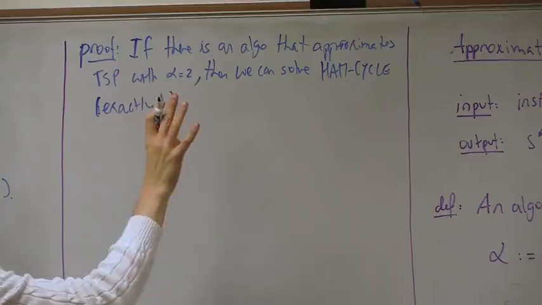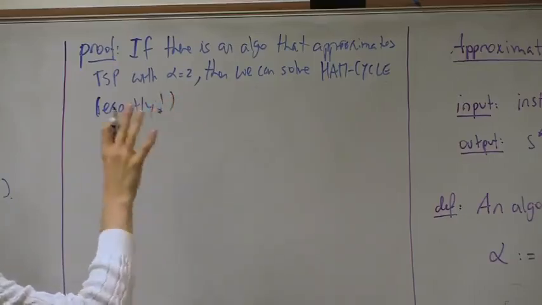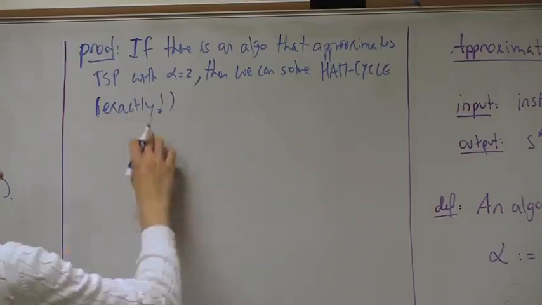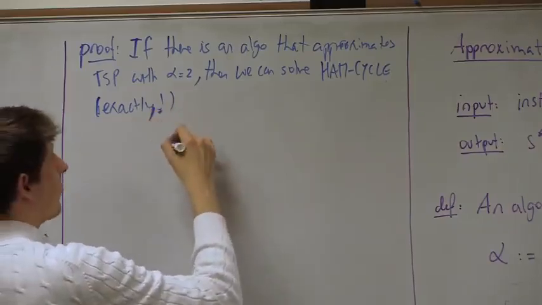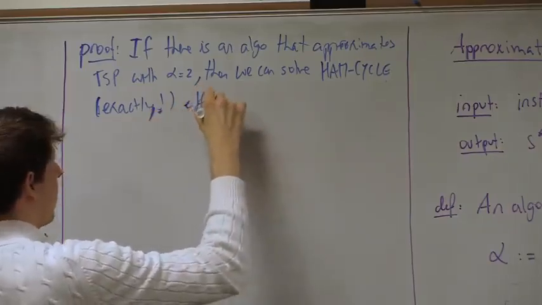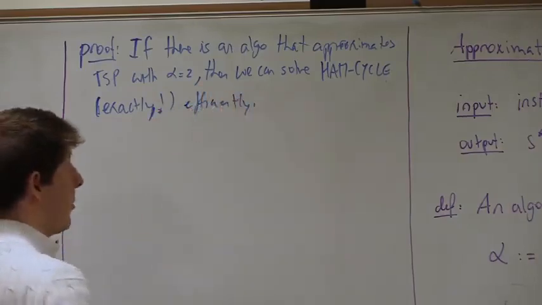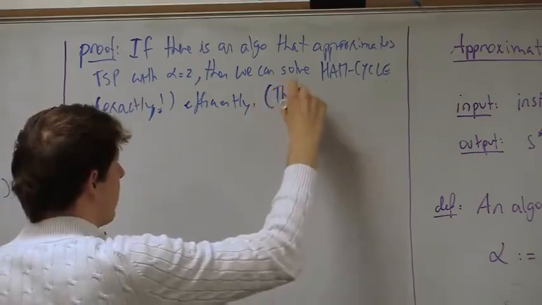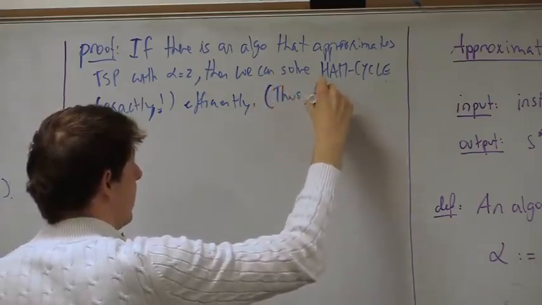Notice we started with an approximation algorithm with a certain approximation ratio, and from it we cook up an exact algorithm to solve Hamiltonian cycle. Now, because Hamiltonian cycle is NP-complete, this would imply that P equals NP.